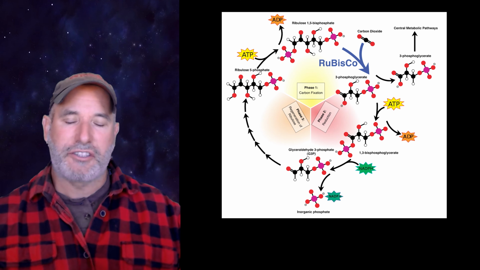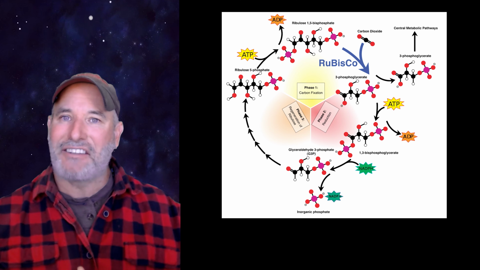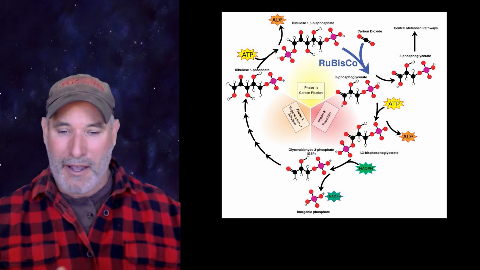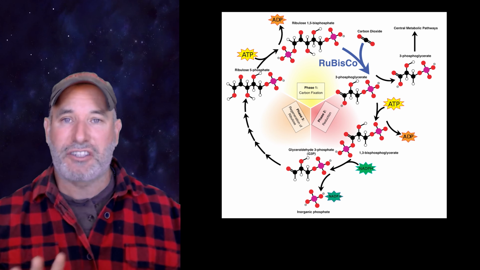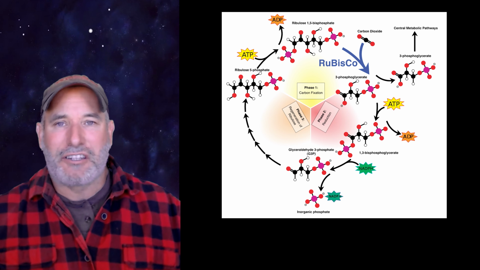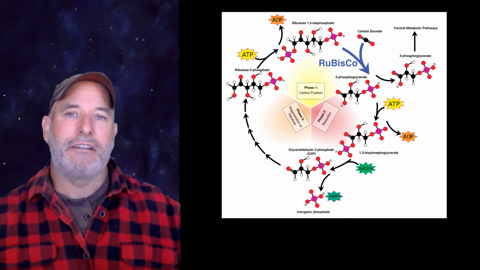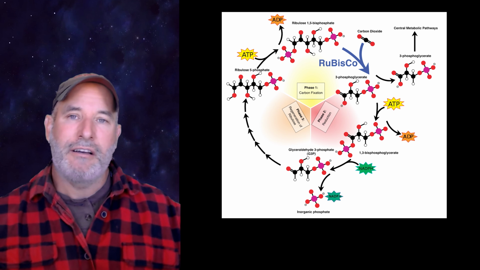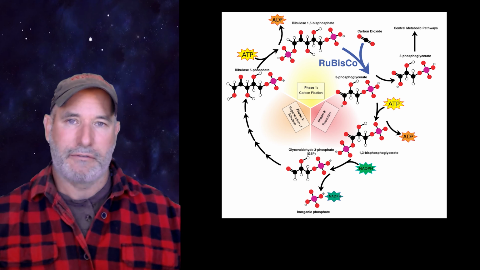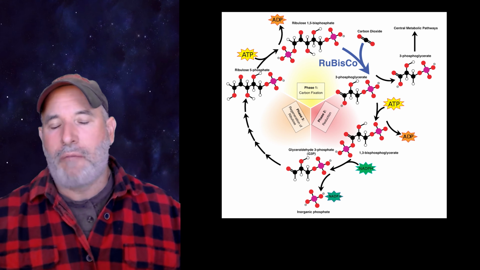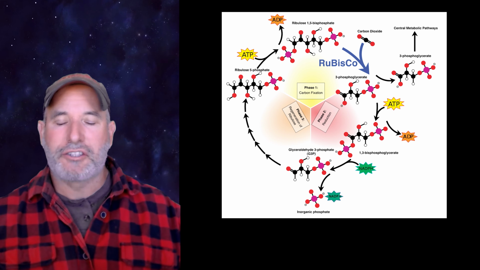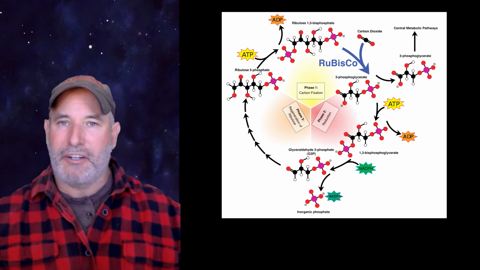And when Rubisco sticks carbon dioxide on there, it adds it on as a carboxyl group and forms very shortly a 6-carbon compound that doesn't last very long. It immediately splits into 3-carbon compounds. And if you remember, that carbon compound, of course, is 3-phosphoglycerate, also known as 3-PGA.